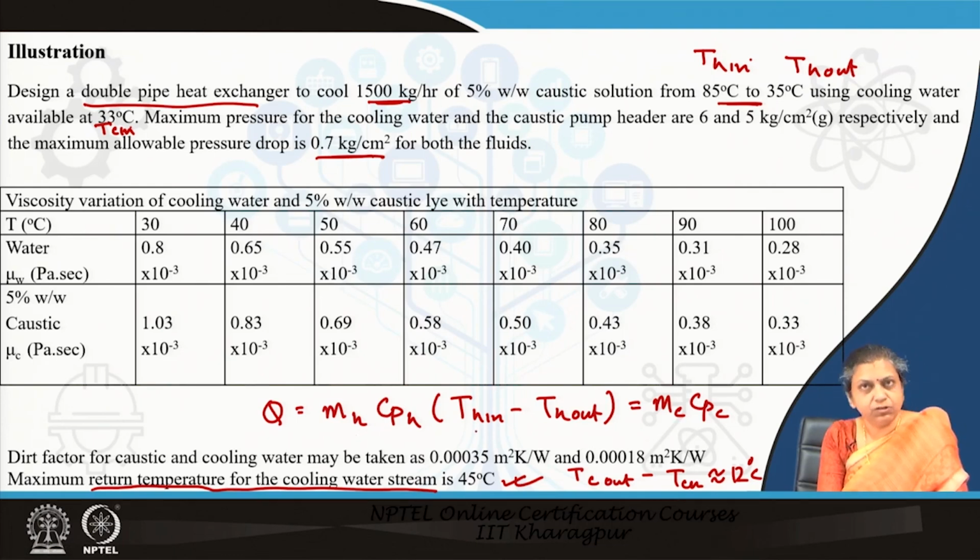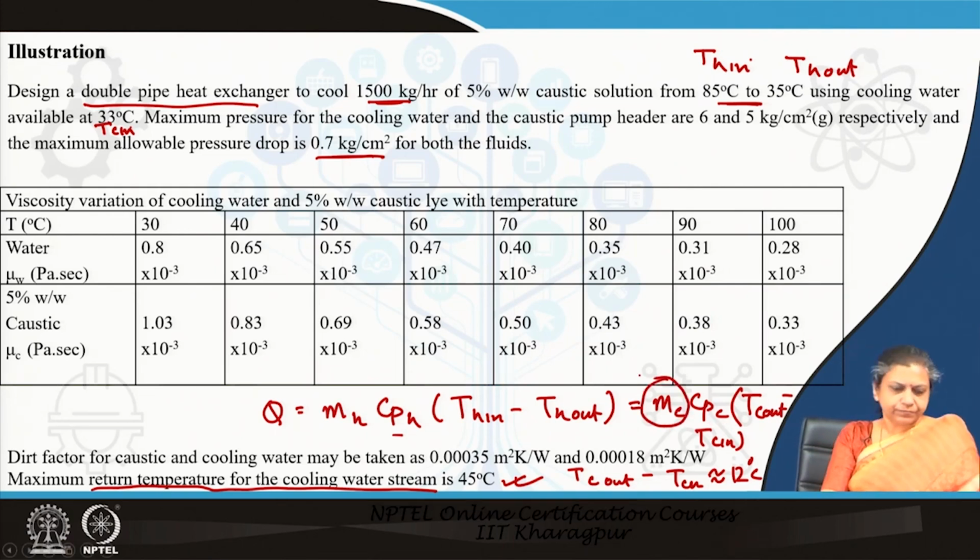The hotter fluid will be cooled in the process, and the cooler fluid will be heated in the process. Now, using this, if you have the data on Cph and Cpc, which are the specific heat capacities, you will be in a position to find out mc, right.